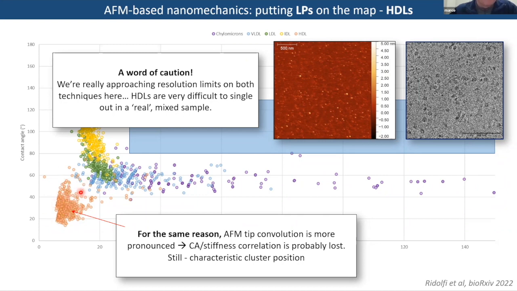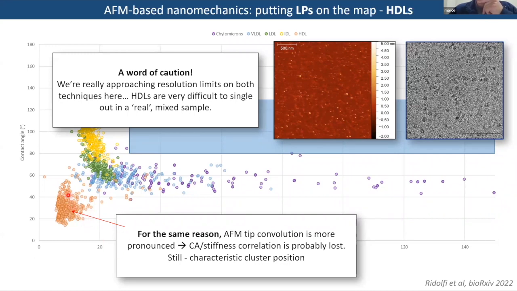We cannot conclude that, okay? And the other problem with HDLs is that they are so small that in a mixed sample, we probably lose most of them, as it happened in the EM image before.